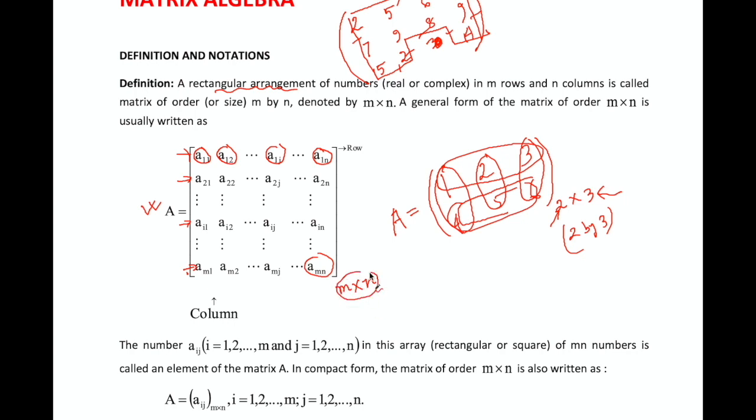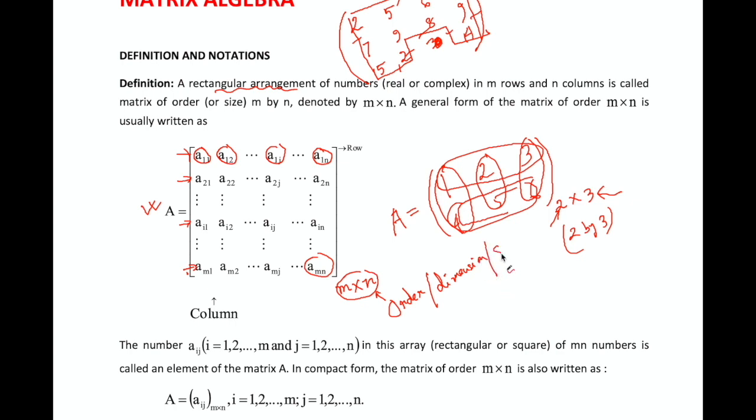And this matrix A has how many rows? m rows and n columns. So this is called a matrix of order m by n. This is called the order of this matrix, or dimension, or size.